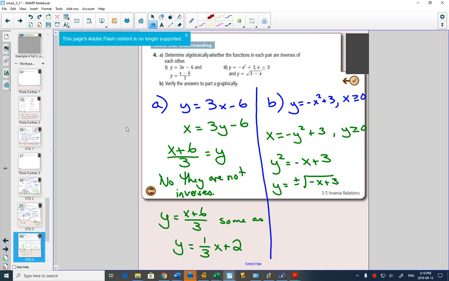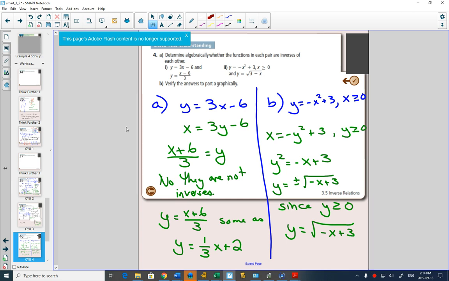But since we were told originally there was a restriction of x being greater than or equal to 0, that means on our inverse there has to be a restriction of y being greater than or equal to 0. The only one that would do that is the positive one and not the negative one. So since y is bigger than or equal to 0, my equation would only be the positive one.